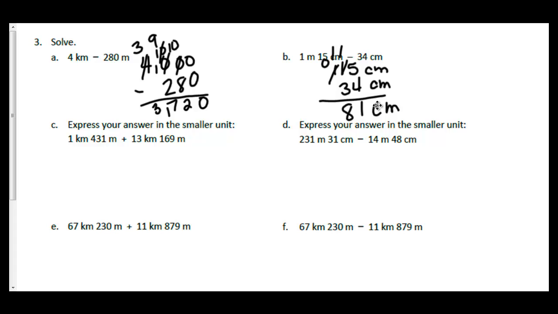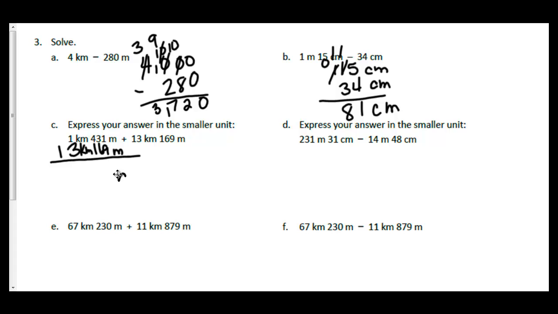So for C, it says express your answer in the smaller unit. So I have kilometers and meters. The smaller unit is meters. So first of all, I'm going to rewrite these. I'm going to put the 13 kilometers right underneath here, and the 169 meters. And I'm going to add first, and then I'm going to convert.